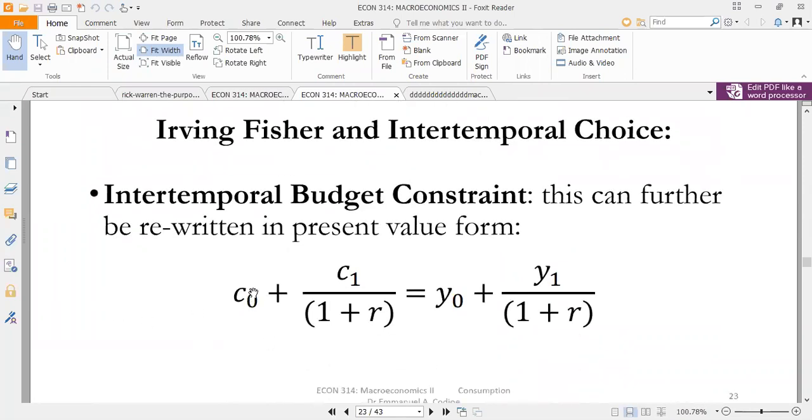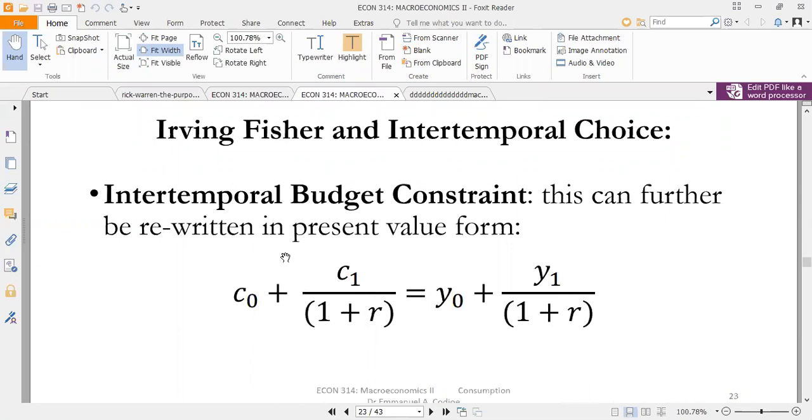So when you do that, this is the discounted, or the present value, of your future consumption. Okay, we've brought the future consumption into the current period, and we've brought the future income into the current period.